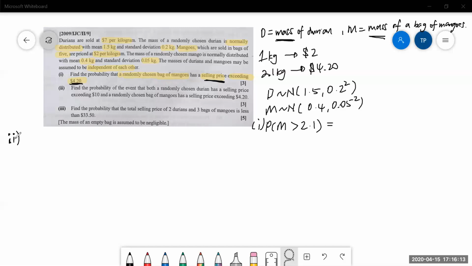Then after that is 0.4 and 0.05. Yes, correct. The answer is 0.